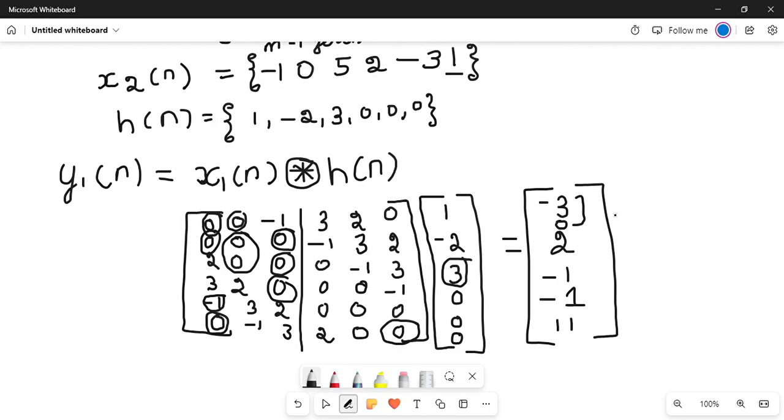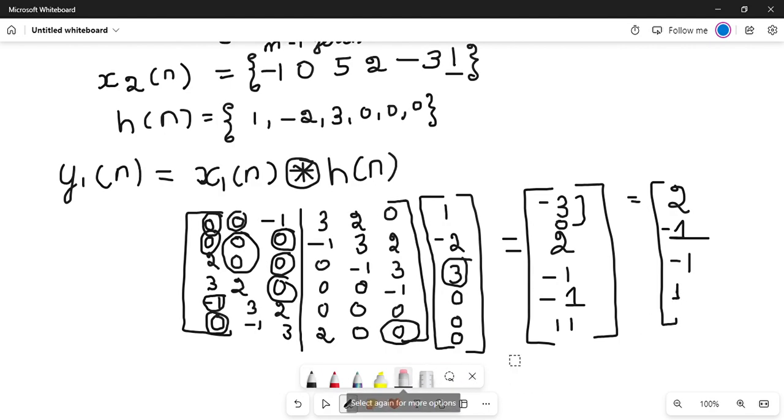So remove 2 samples at the beginning, not at the end. Okay, so it is equal to 2, minus 1, minus 1 and 11. So now how many values did we get? We got 4 values. Okay, this is the first resultant, the simplified resultant.